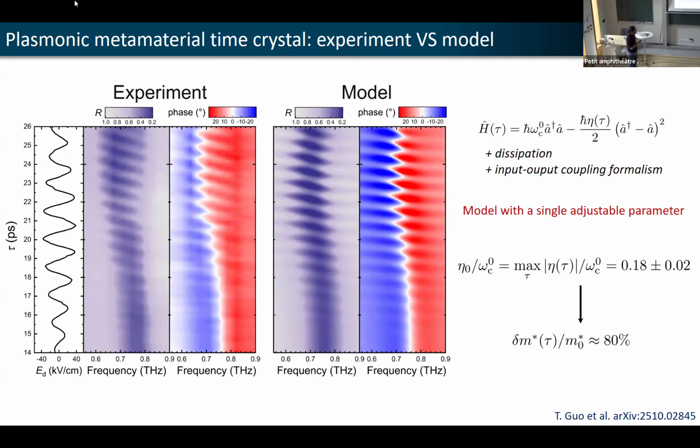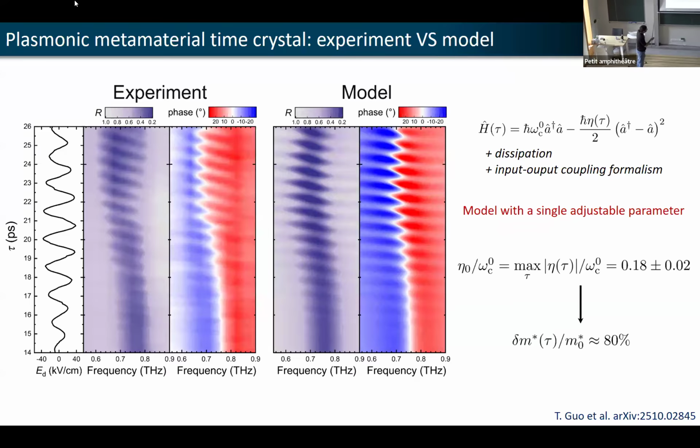So this model has a single adjustable parameter. We can calculate or measure everything experimentally. The only adjustable parameter is basically the amplitude of the effect. We want to know the amplitude of the effect to know if these modulations are strong or not.